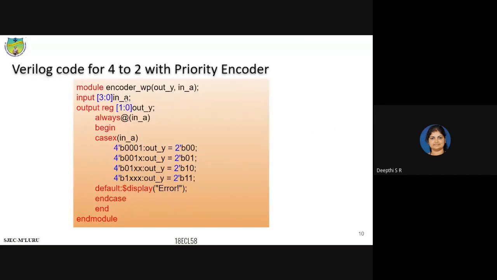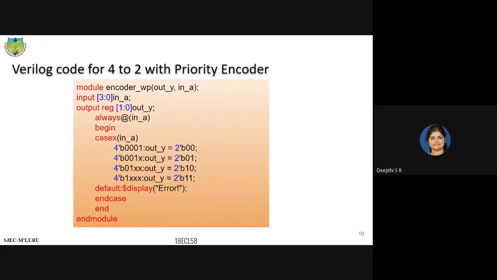Which is very similar to the code with priority encoder. The only change you have to make is, okay, it remains the same. The module name and the input you have to declare, then you have to declare the output. Then in the always block, you have to monitor the input variable. Then you have to give the keyword begin. Then you have the condition, that is a casex condition.